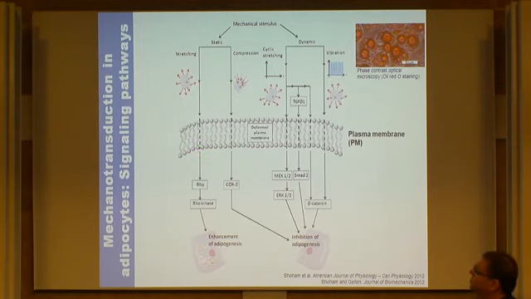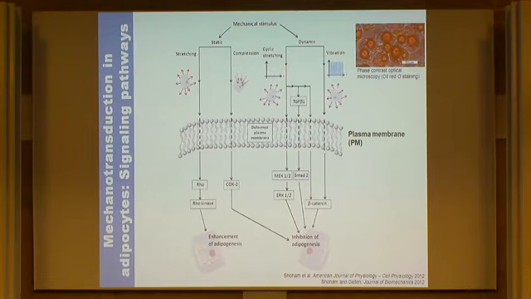the bottom line of this slide, which is obviously describing signaling cascades, is that fat cells, adipocytes, are mechanosensitive, and you can trigger or suppress adipogenesis by interfering with these signaling cascades.